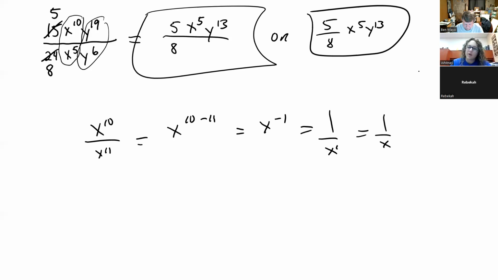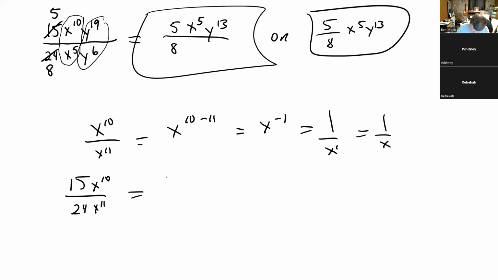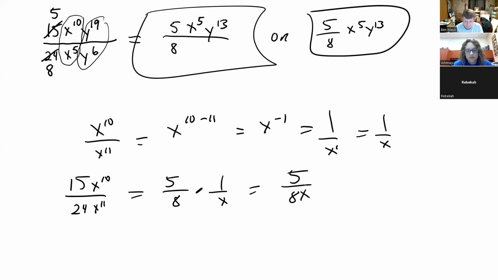So then when you're writing it with the 5/8, it would be 5/8 times 1 over x, which would be 5 over 8x. Okay, gotcha. I missed that on the test.